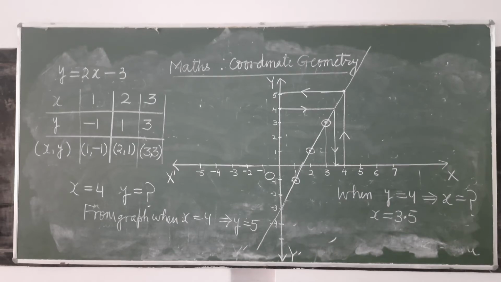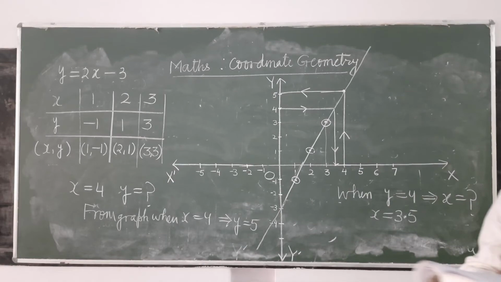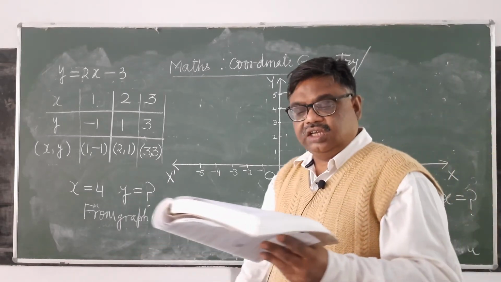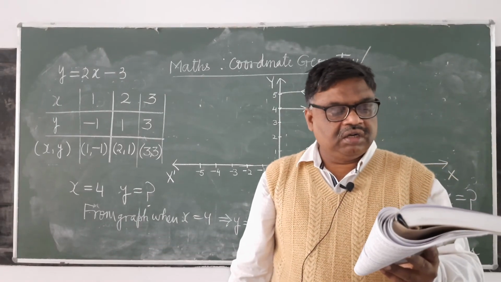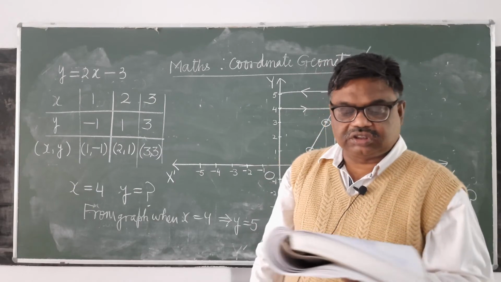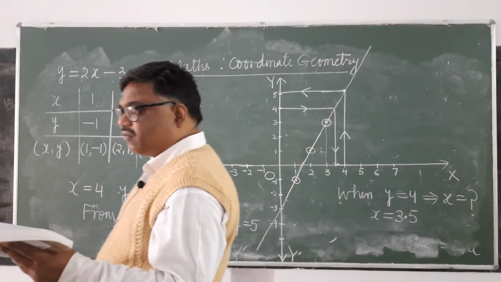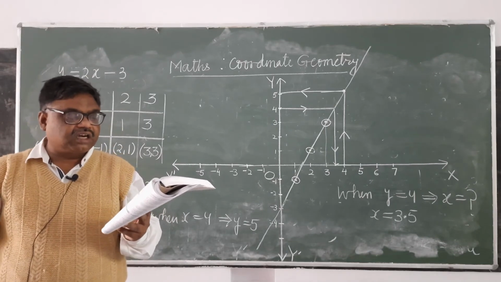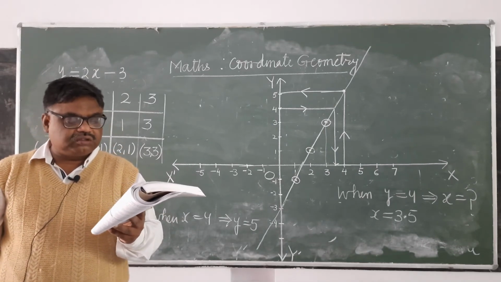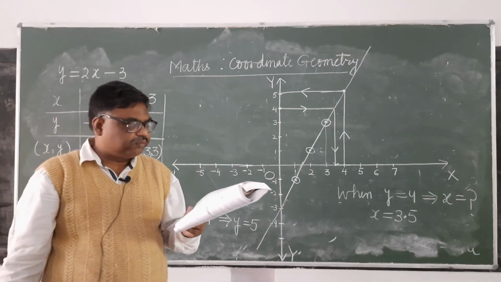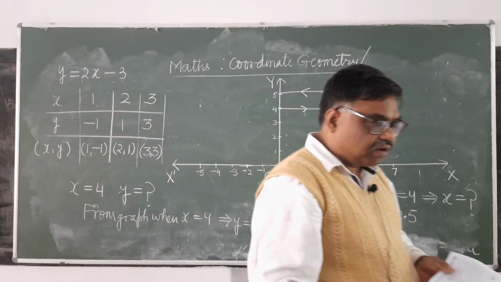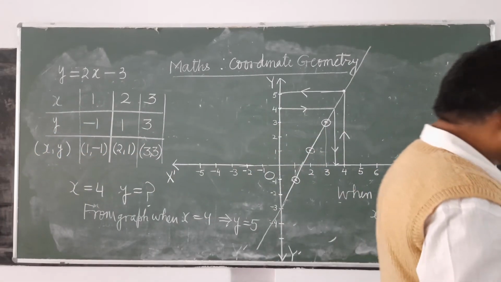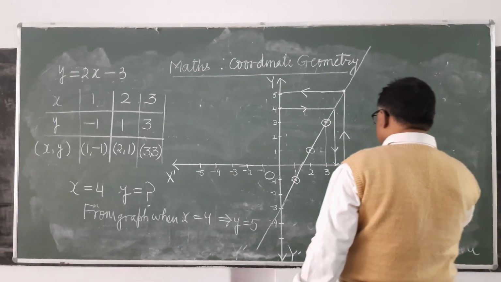Is it clear? So see here, question number 1. All the questions are of the same type: draw the graph of the following linear equations. Then draw the graph of question number 2 also. I am doing question number 3. Draw the graph of 5x plus 6y minus 30 equals 0.